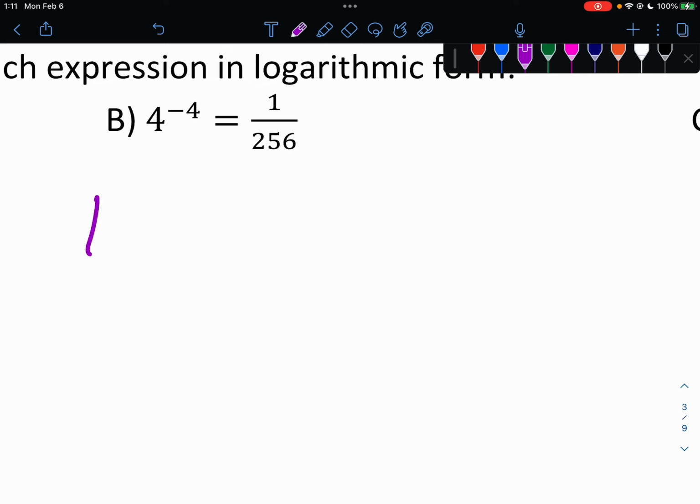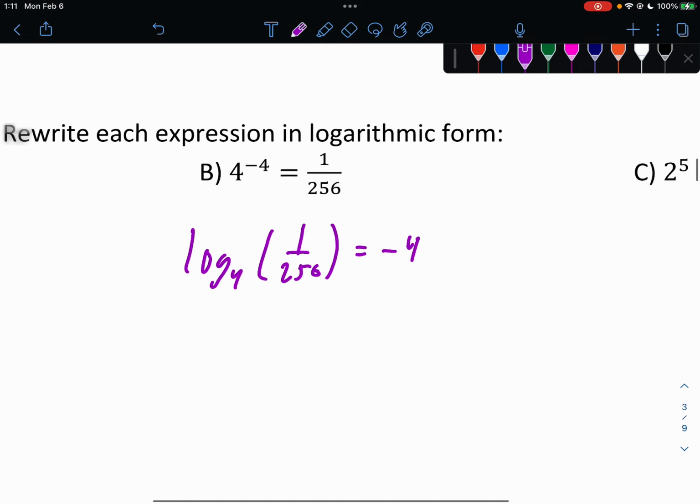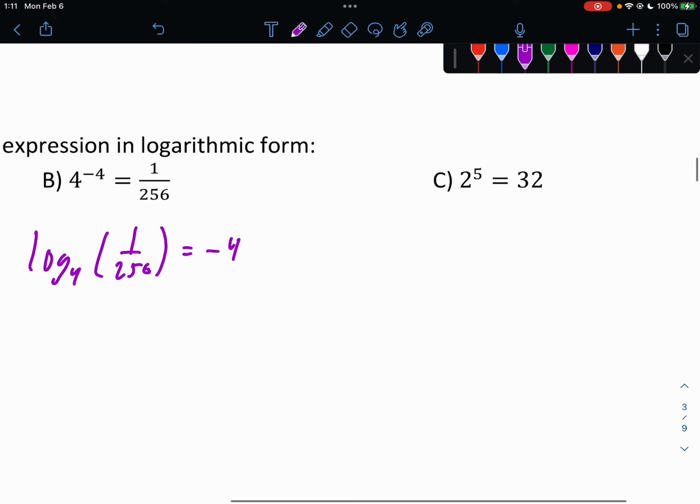For b, log base 4 of 1 over 256 will equal negative 4. And third one, log base 2 of 32 equals 5.